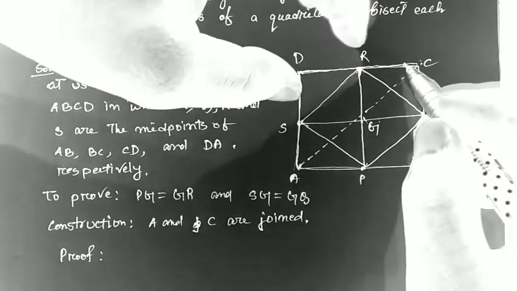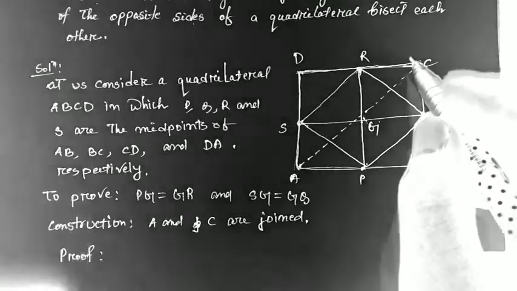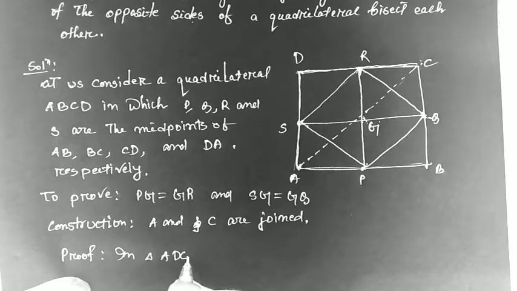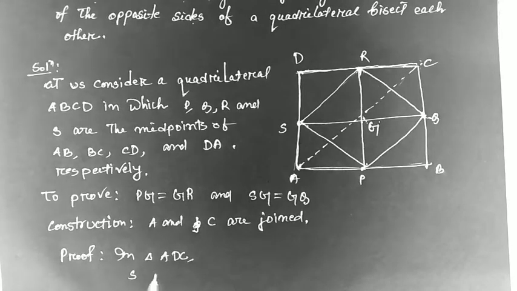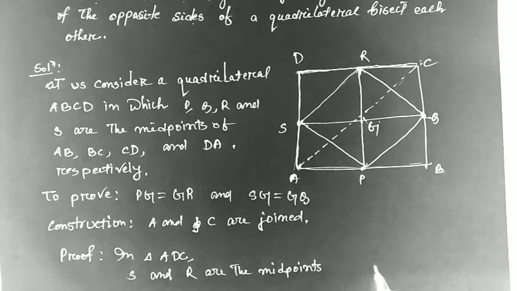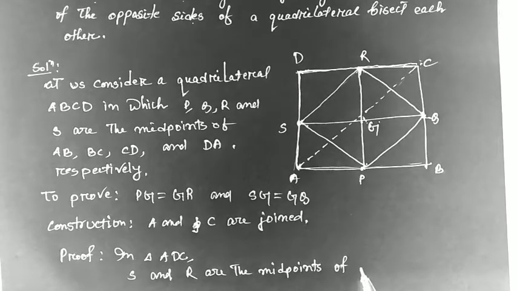So we can say that in triangle ADC, S and R are the midpoints of AD and DC.